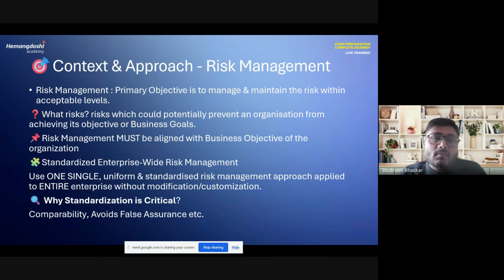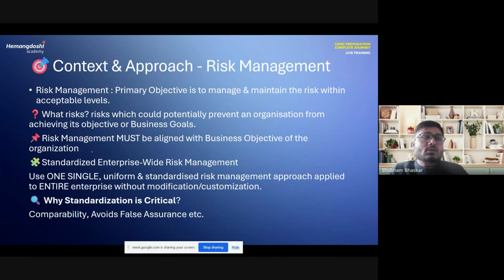Well, simple: an organization exists only because it has certain objectives. I hope you agree with that. If it has certain objectives, then risk is what prevents the organization from achieving them. And that's where you come into the picture. You are the barrier between risks and the organization's business goals. That's why risk management must be aligned with the business objectives of the organization.